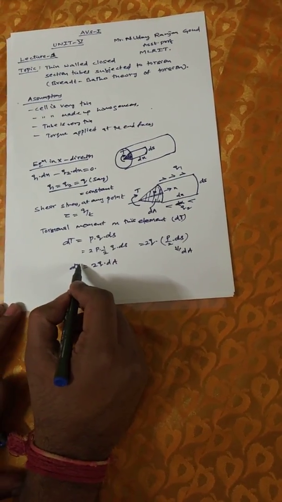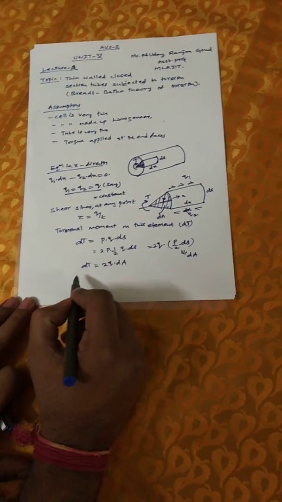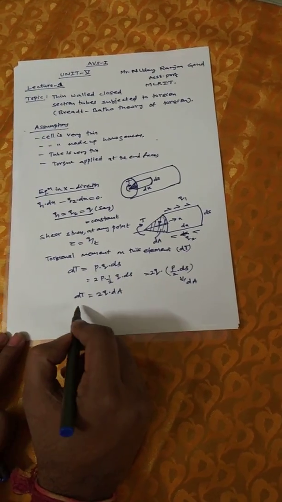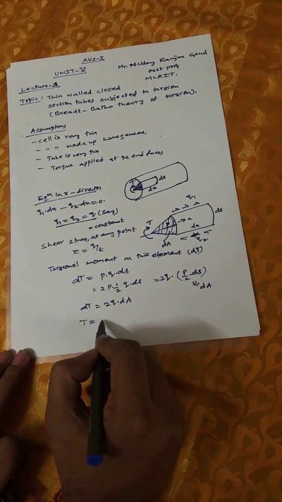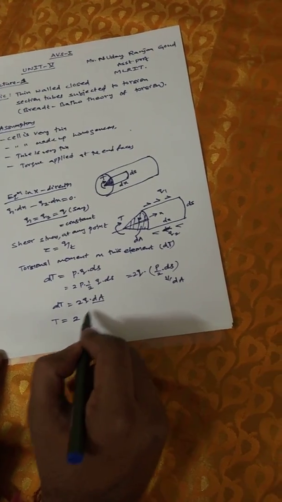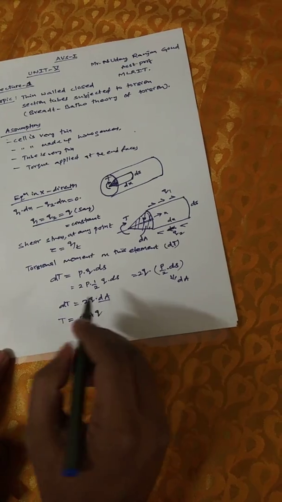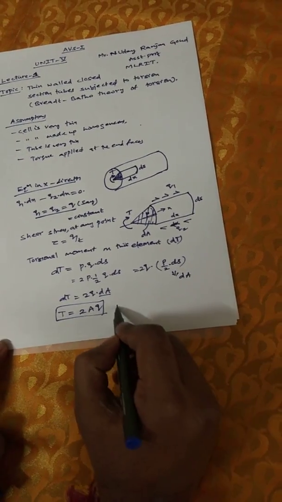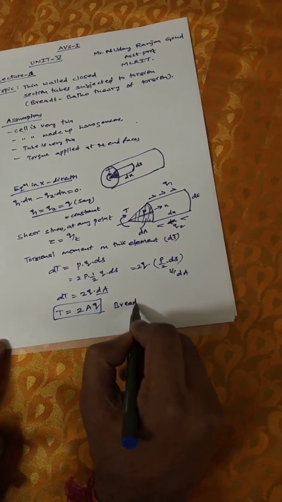For the total torsion, we integrate the above. So if you integrate it, we get T equals 2, and dA becomes A, and q. So this T equals 2Aq is called the Bredt-Batho formula.